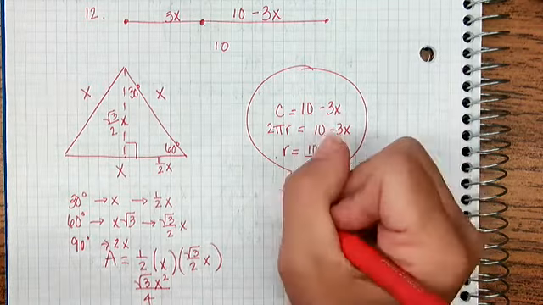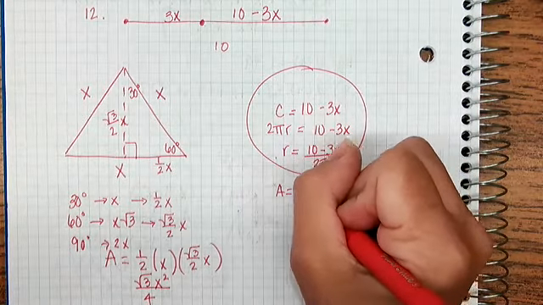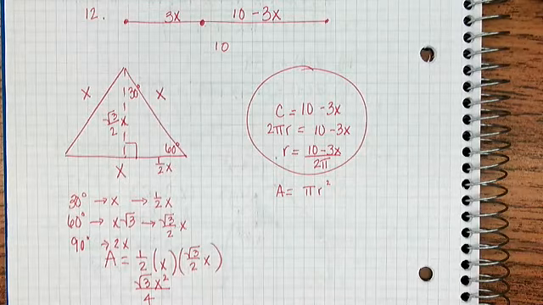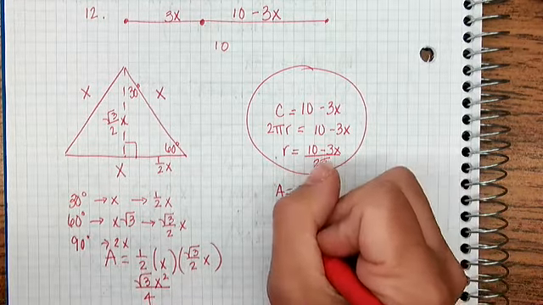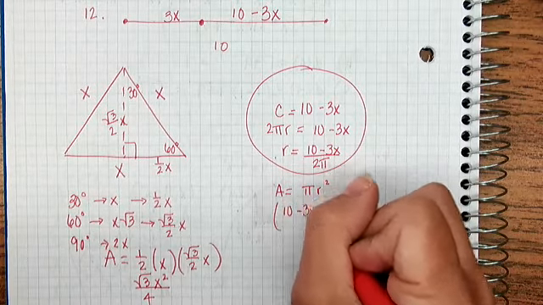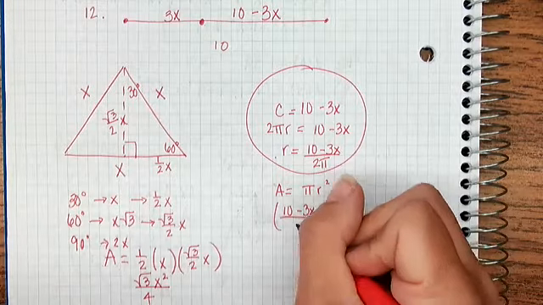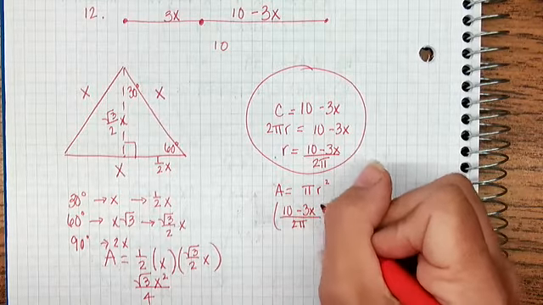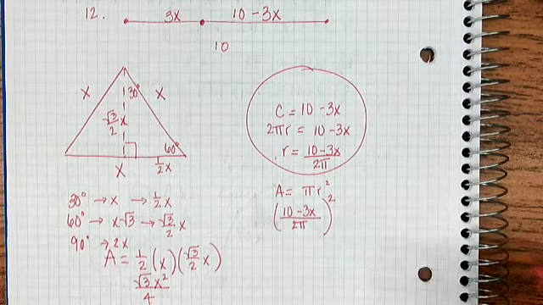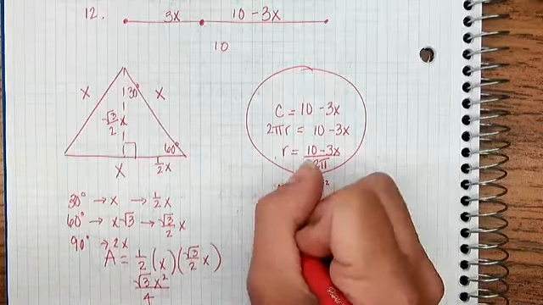Okay, area of a circle is pi r squared. Well, I know r. I'm going to square it. So this is going to be 10 minus 3x over 2 pi. That's my r squared, and then the pi in front.